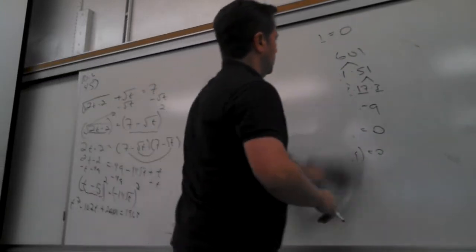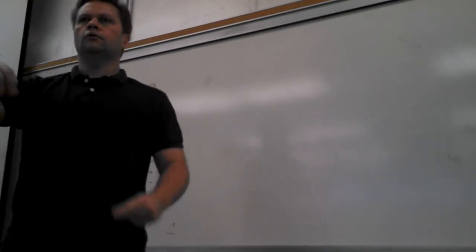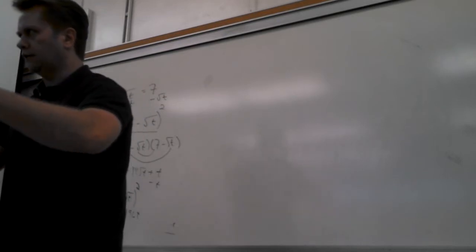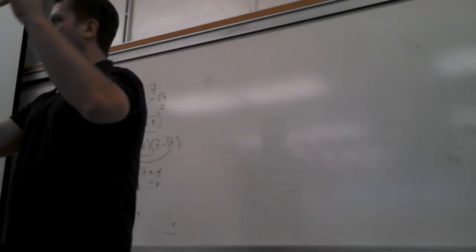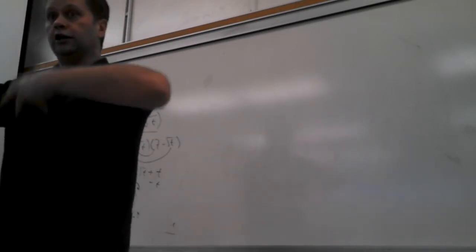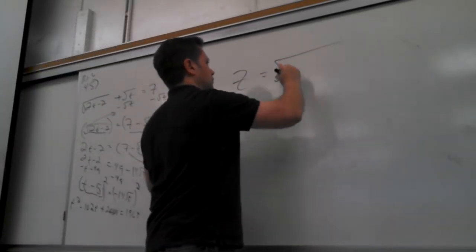All right, guys. When the variable you're trying to solve for is inside of a square root, what will you eventually have to do? You'll have to square it at some point. Maybe you have to move some stuff out of the way, but at some point you have to square that whole equation so you can free your variable up. In number 84, what variable am I trying to solve for?